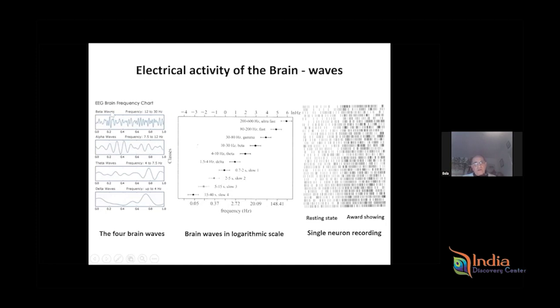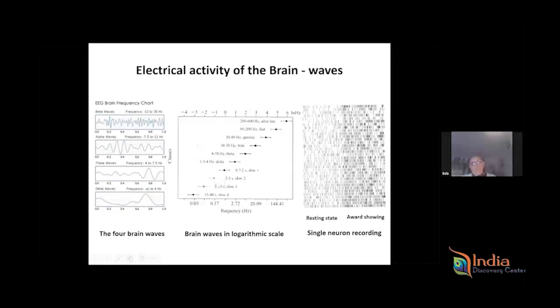He noticed different kinds of electrical waves: the beta, alpha, theta, and delta waves, which can be seen very differently because the frequency is very different.